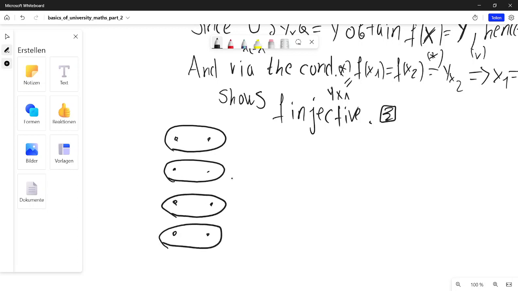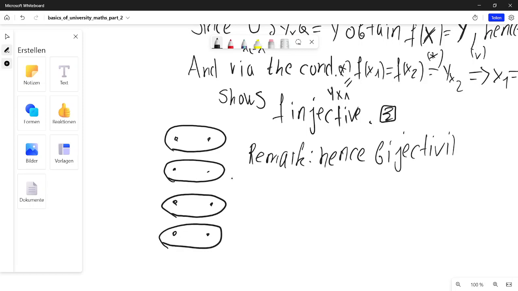So, conclusion, I will remark, hence bijectivity is also called one-to-one correspondence.